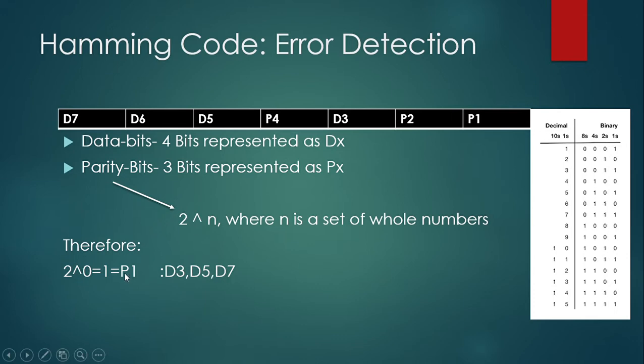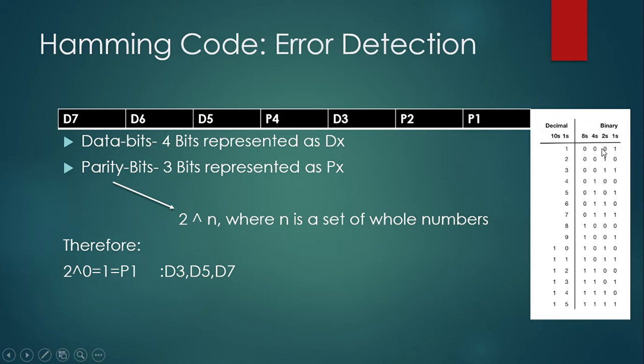But you may now ask, how am I getting D3, D5, D7? That's why we have this table right over here, the decimal to binary conversion table. Do not consider the 8s, 4s, 2s, 1s in this binary, but rather just consider the places of the ones within this table.